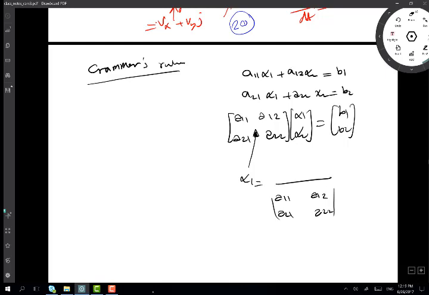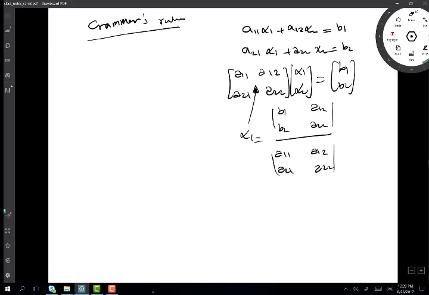And then for x1, I write another determinant at the top and replace the column which corresponds to x1 by the column on the right hand side, b1, b2, a12, a22, and then this will give me a determinant over a determinant.